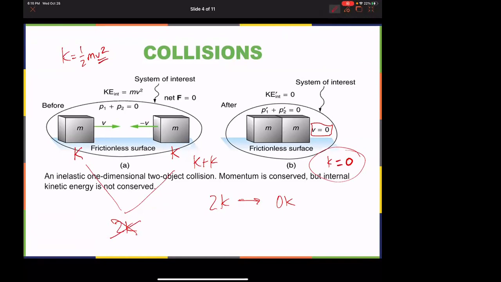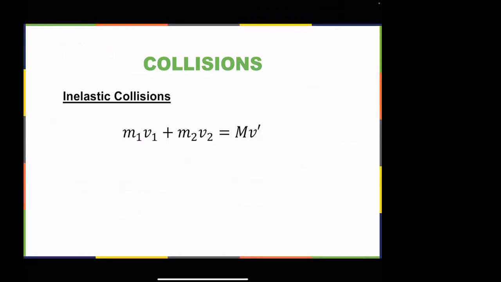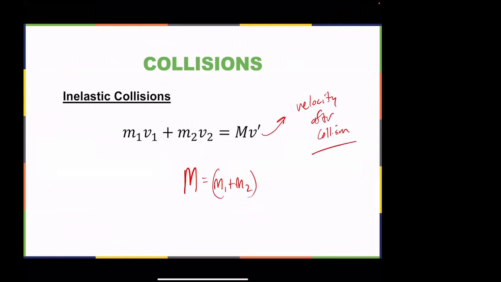Momentum, however, is conserved. So P1 plus P2, they cancel each other out. P1 prime plus P2 prime equals 0 after the collision. The formula is M1V1 plus M2V2 equals big M times V prime, where big M equals M1 plus M2, and V prime is our velocity after the collision, our new velocity.